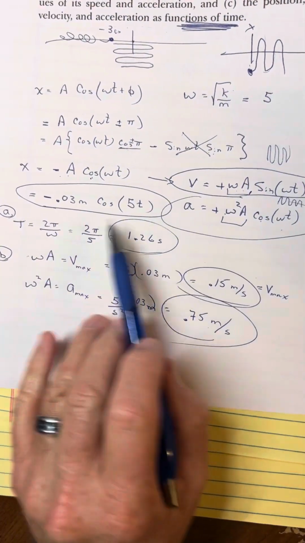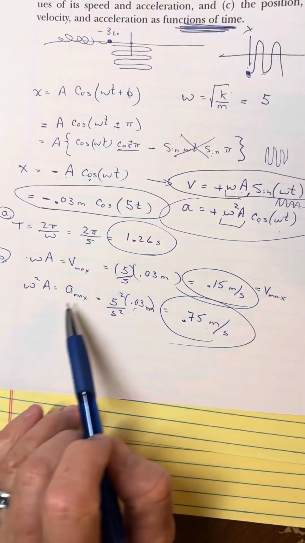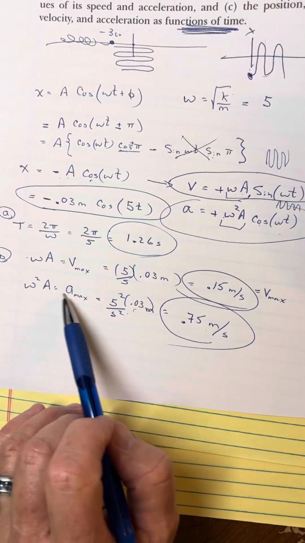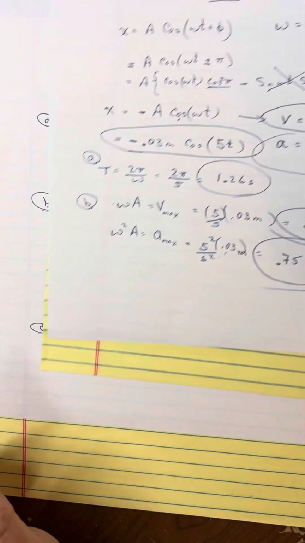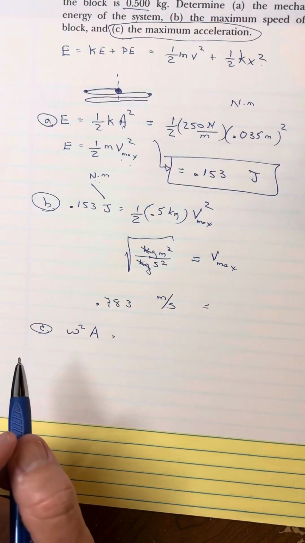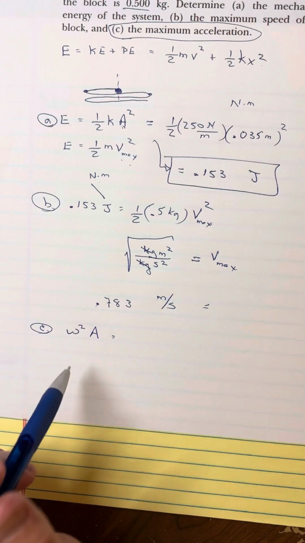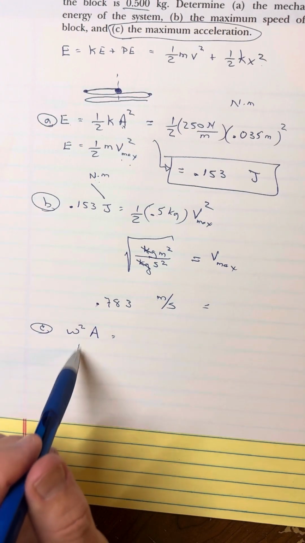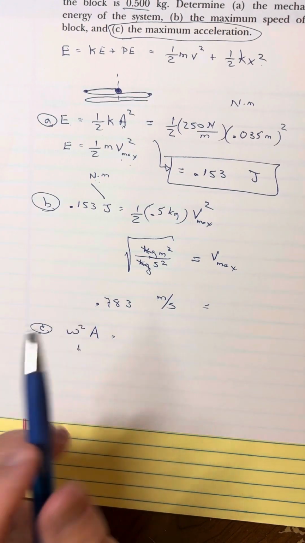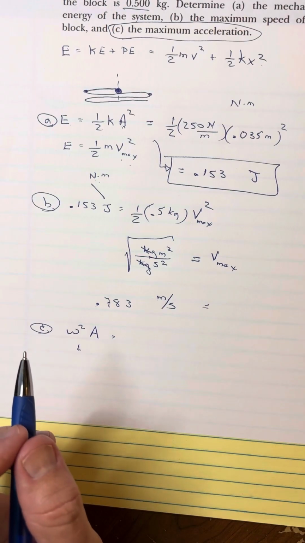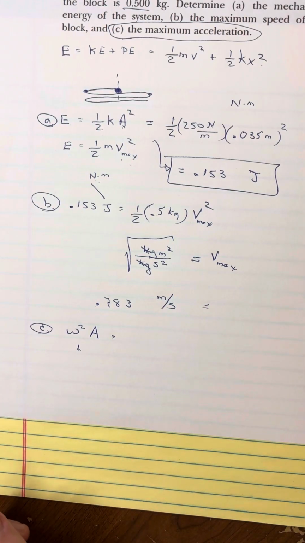Number 10, we did maximum acceleration omega squared A. Of course, I'm not a big fan of that because I don't have the omega, but omega is just the square root of k over m.